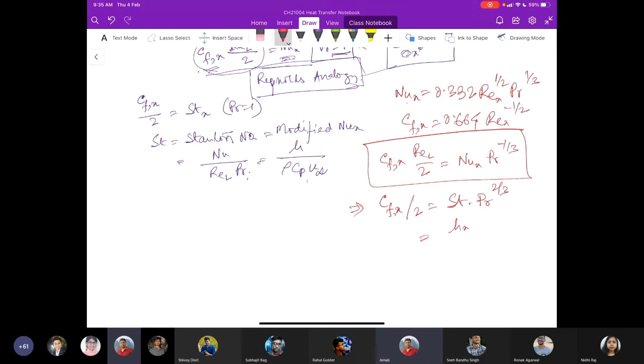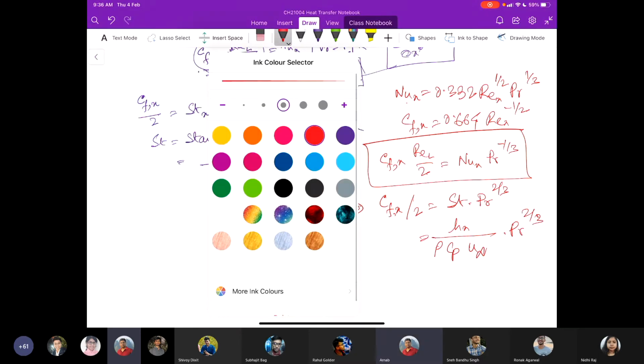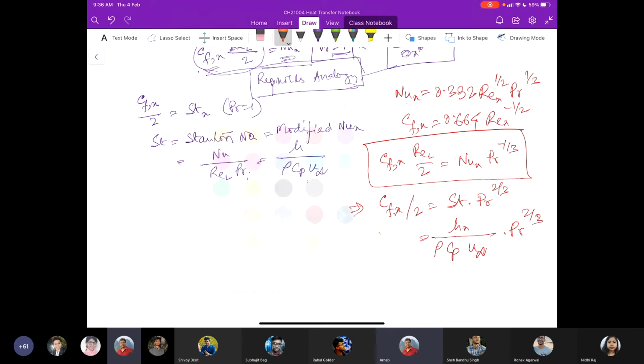If I elaborate, this becomes H by rho Cp, this into Prandtl number to the power 2/3. This relation has been seen to be valid for a range of Prandtl number 0.6 to 60, quite a wide range. This is valid.